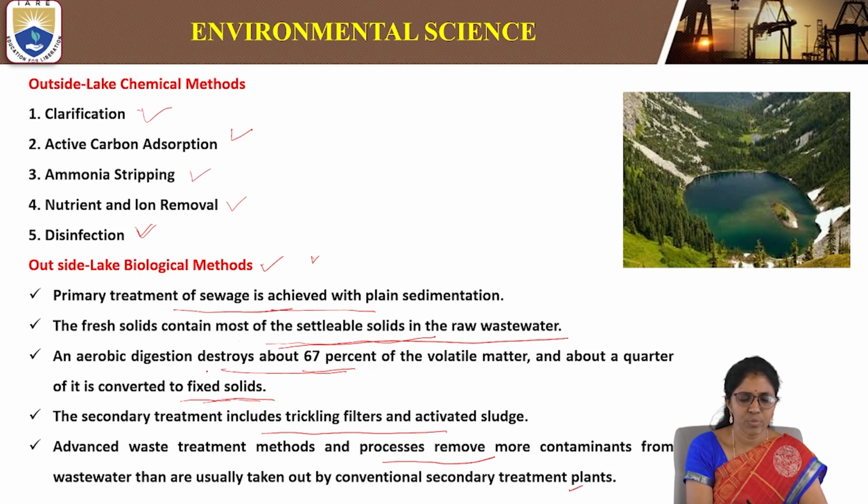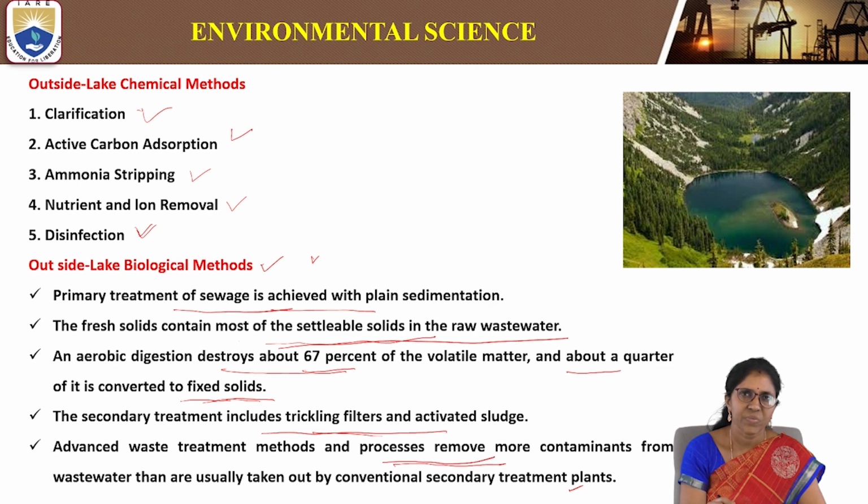The anaerobic digestion will destroy about 67% of the volatile matter, and about a quarter of it is converted into fixed solids. Secondary treatment includes trickling filters and also activated sludge, and advanced wastewater treatment methods are the processes which remove more contaminants from the wastewater.